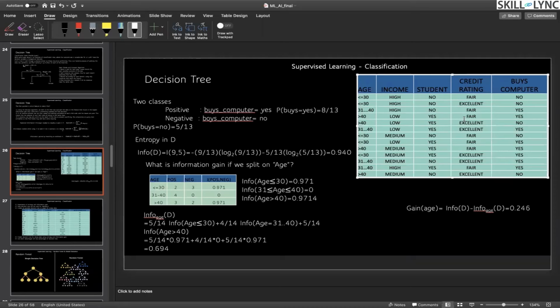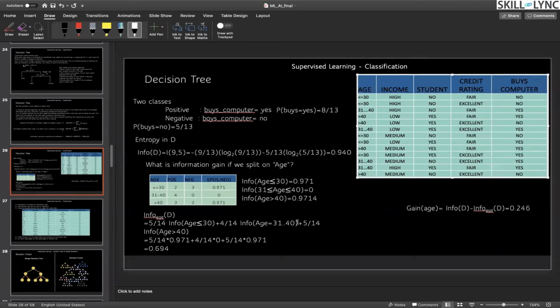If the information gain of income is greater than student, then the income feature is more significant in predicting the output than the feature student. Based on the information gain only, we decide which will be our root node. That we will see tomorrow, and that will also answer your question of where to stop the tree.